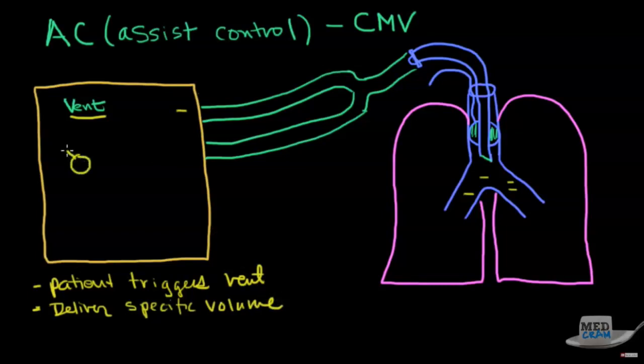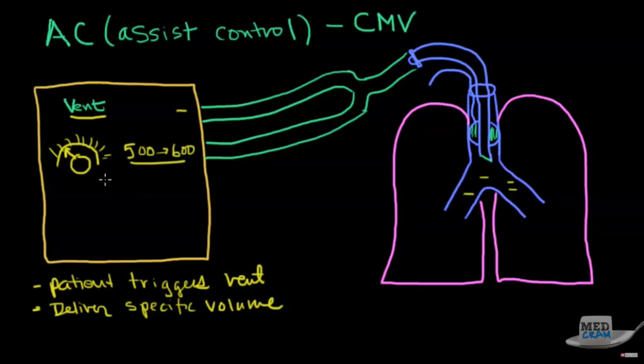Okay? And so there's an actual dial on here where you can turn the knob to a specific volume, or you can enter it in. And that volume can be anywhere from 500 cc's all the way up to 600 cc's usually.